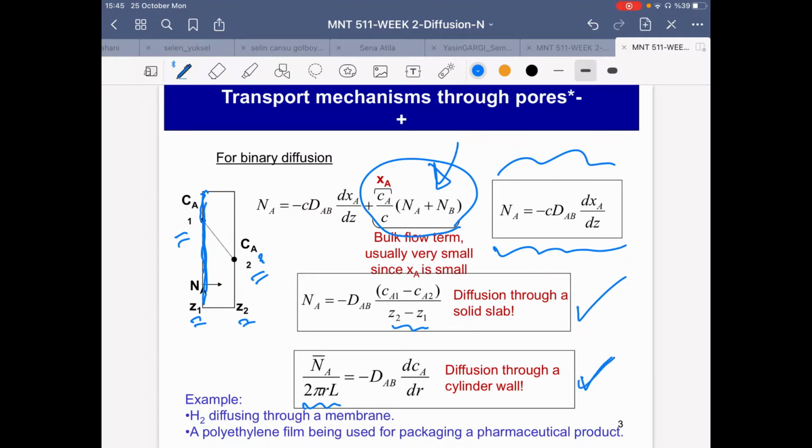Examples are hydrogen diffusing through a membrane, or a polyethylene film being used for packaging a pharmaceutical product, and so on. So let's keep this in mind. This is a very basic generalized formula for all sorts of diffusion.